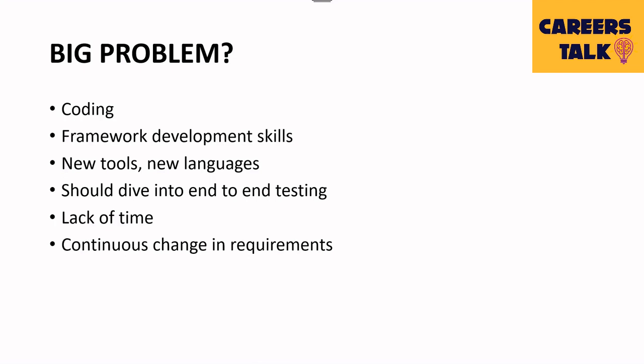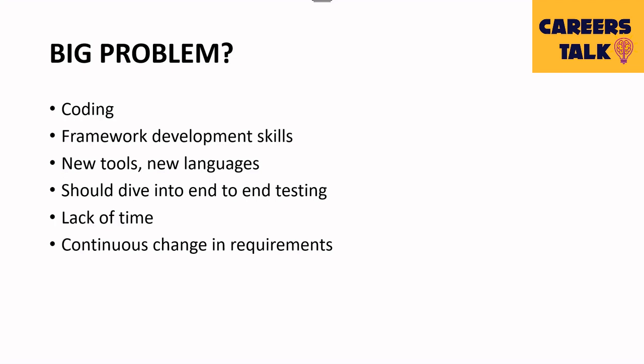And continuous change in requirements. One of the problems that we are facing in Agile, right? This is not only with respect to coding, but with respect to manual testing also. Agile is all about why not waterfall? Waterfall had requirement freeze. Once that phase is done, only then are you going to design. Once design is frozen, only then do you go for development. Once development is frozen, testing will come.